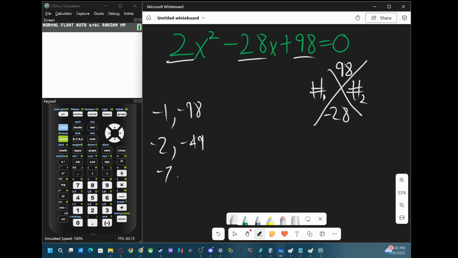And negative 7 and negative 14. All right. So, what two numbers multiply and added together will get you negative 28.